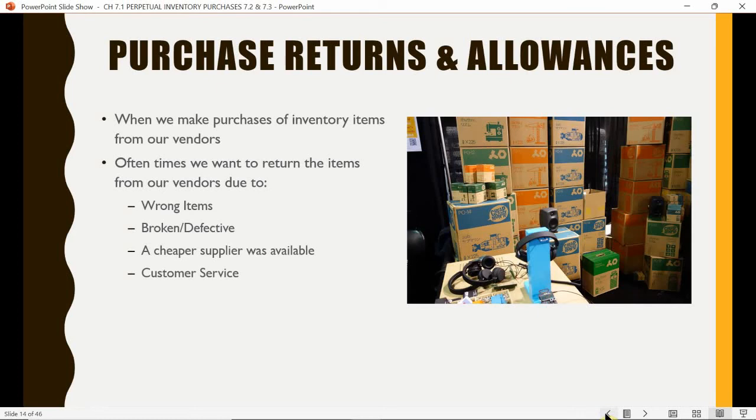Or maybe you have another competitor or vendor in mind that sells the items a lot cheaper but with the same quality. Those could be any reasons why you would need to request a refund, okay?